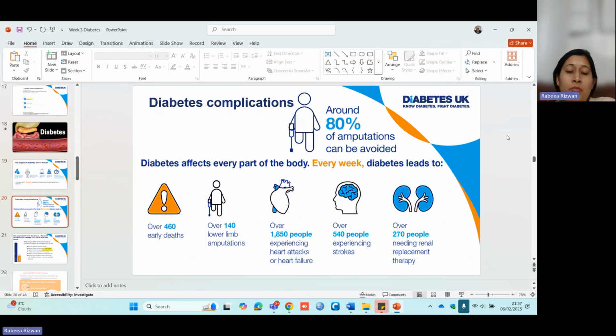Because of frequent infections and amputations due to gangrene, over 140 limb amputation cases were identified in the UK, and over 1850 people experienced heart attacks or heart failure because of it, and 540 people experienced strokes, and 270 people needed renal replacement therapy because it also affects our renal system.